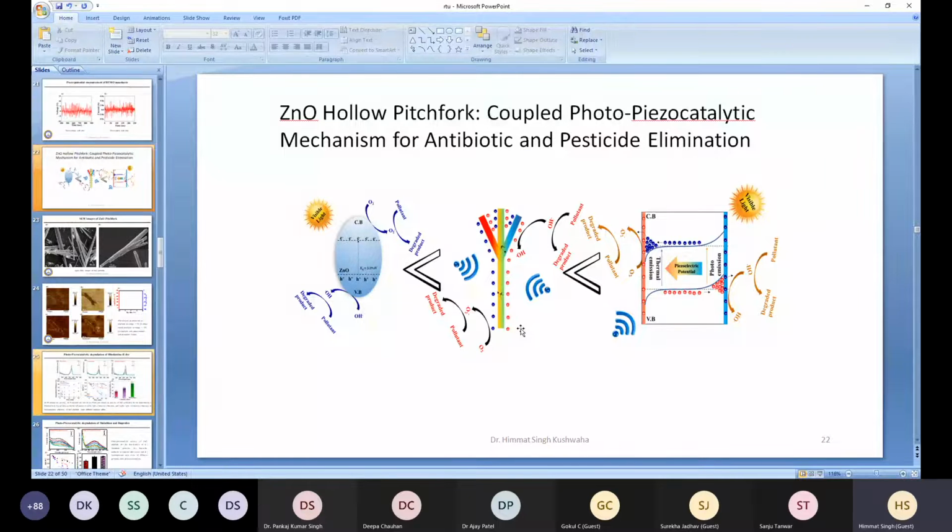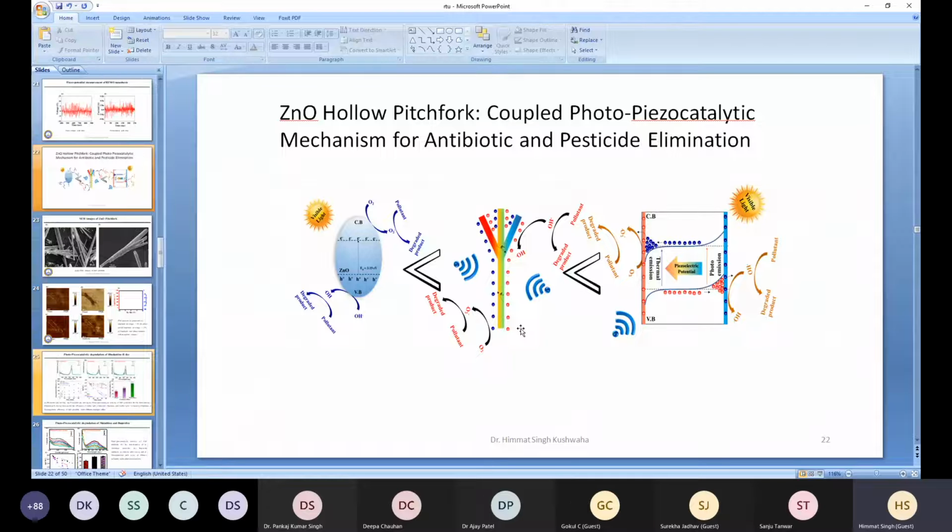But not all the structures of ZnO, such as nanowires and wires, mainly have these piezoelectric properties. The particles do not have significant piezoelectric properties. This material we use mainly for the degradation of antibiotics and pesticide elimination.